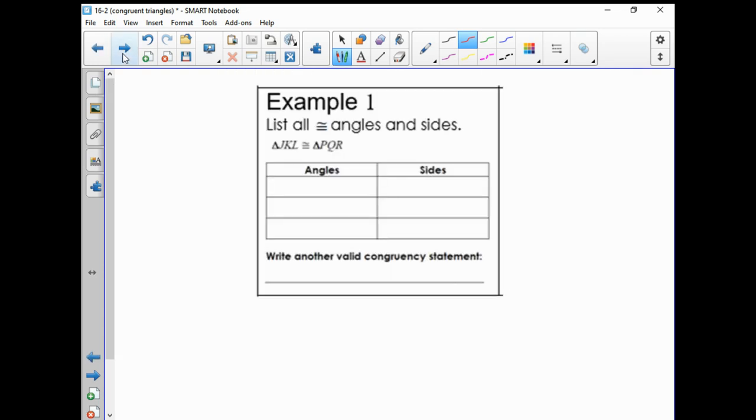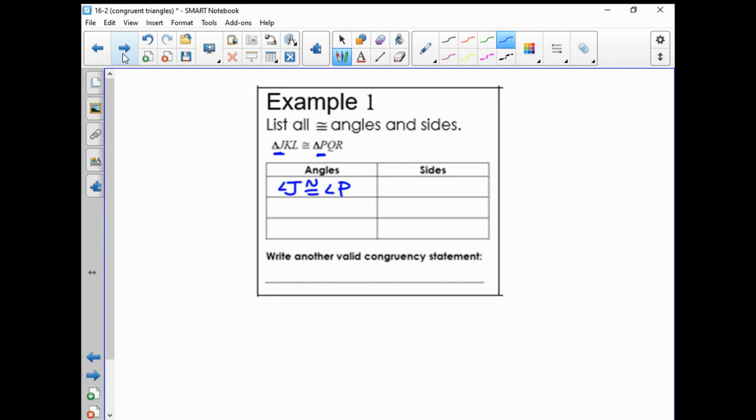Example number 1, it wants us to list all the congruent angles and sides right here. You're welcome to draw a picture, but you don't really have to, because remember the order matters. They've told us that triangle JKL is congruent to triangle PQR. So that means angle J has got to be congruent to angle P, because they are both the first letters of the triangles right there.